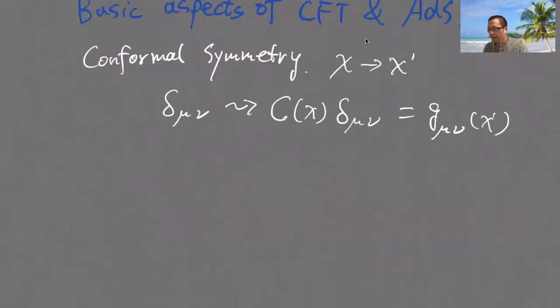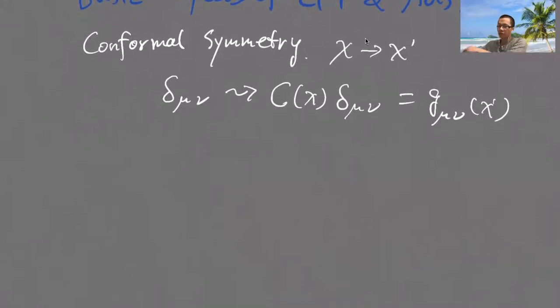It's known that the conformal symmetry is an extension of the Poincaré symmetry. There's another way to extend the Poincaré symmetry, by introducing fermionic generators, which famously leads to supersymmetry. So conformal symmetry, as I said, is an extension of Poincaré symmetry.